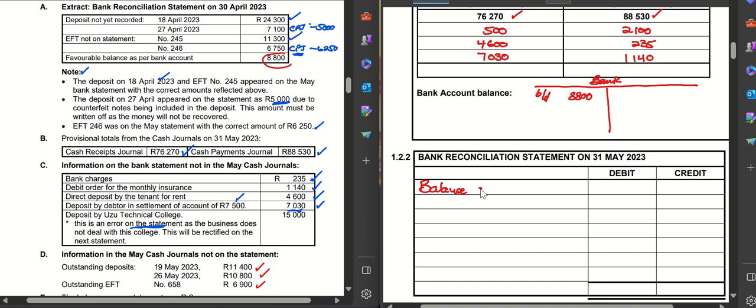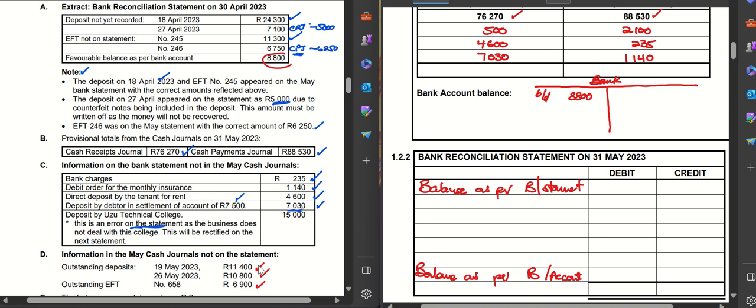So here is balance as per bank statement. That means I'm going to end my reconciliation with balance as per bank account. That is how I'm going to end this.